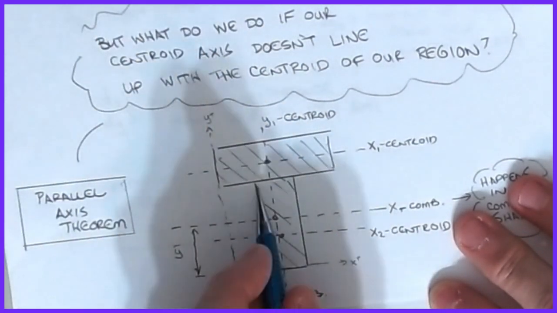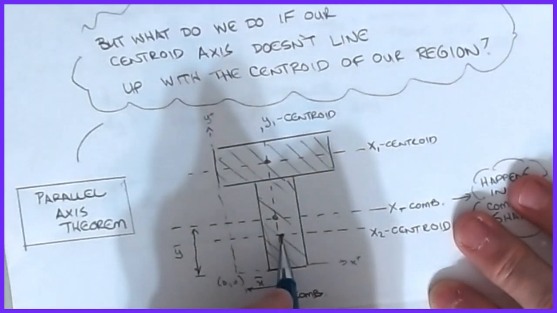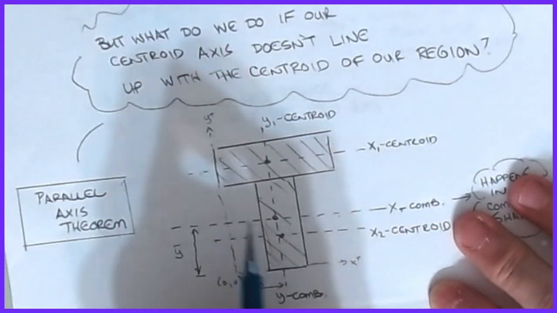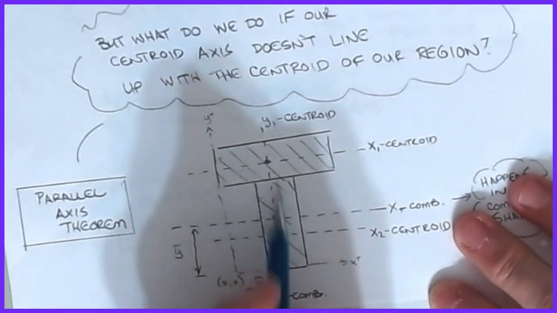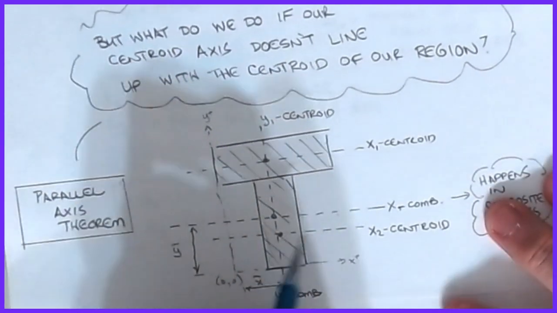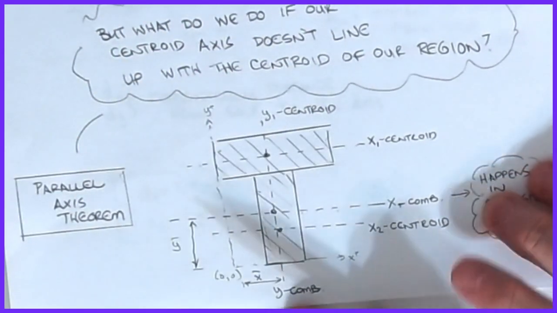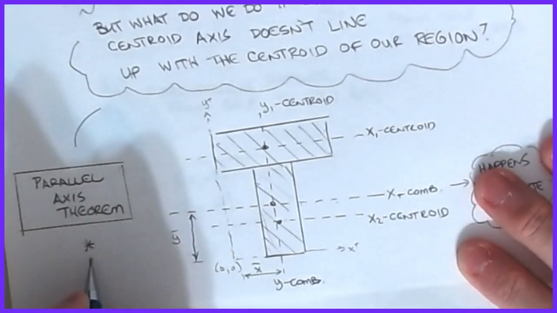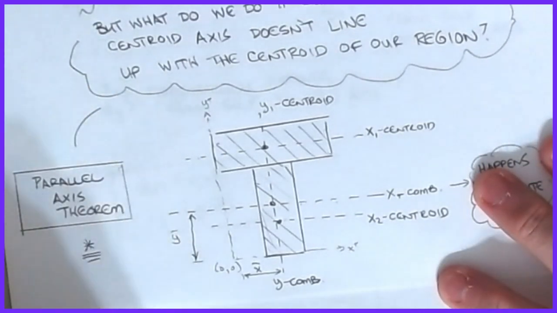Likewise, the centroid of this web portion is below that location, so it's not at that location either. So I can't add these things together. I have to get them all into the same basic reference. For us to do that, we have to make use of a more general approach called the Parallel Axis Theorem, and that will be the topic of discussion in our next video.